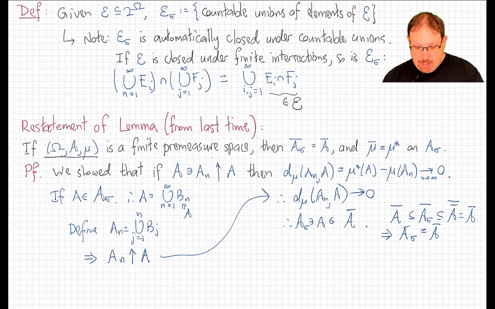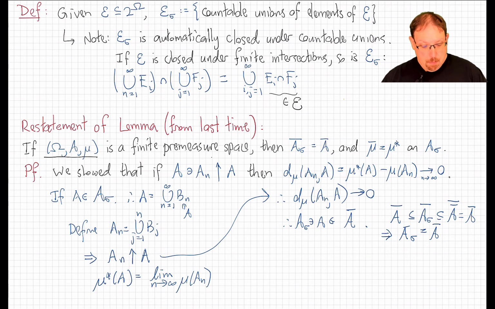As for the second statement, that mu star and mu bar agree on all of A sigma, we simply note that now knowing that A sigma is contained in A closure, this identity here shows us that mu star of A, which is the limit of the A_n's, is therefore the limit of mu of the A_n's.